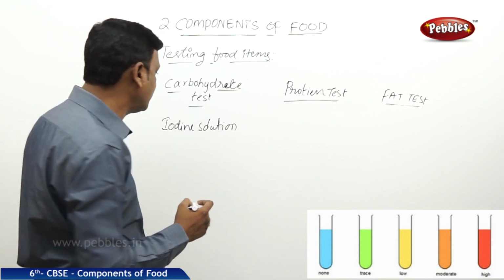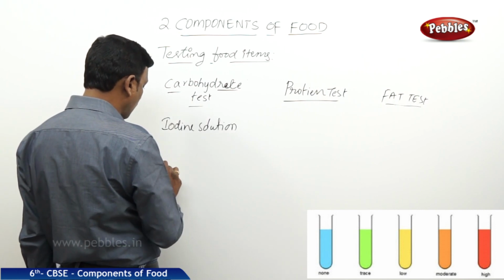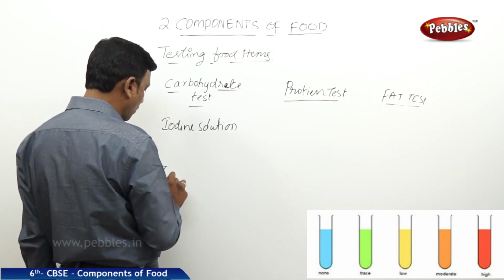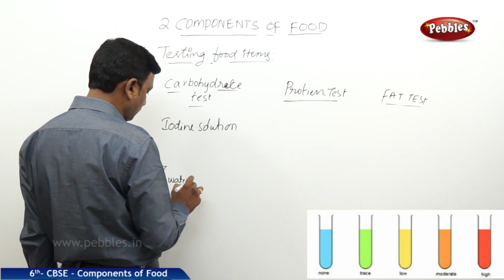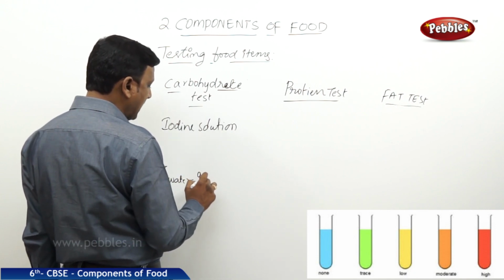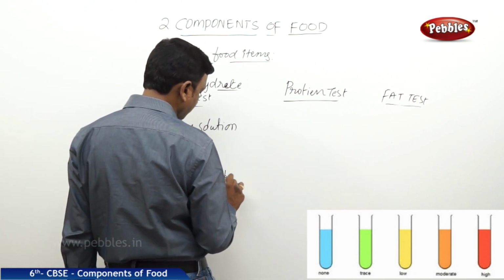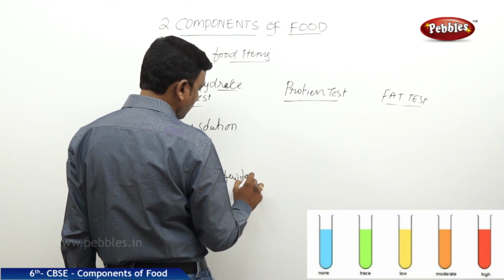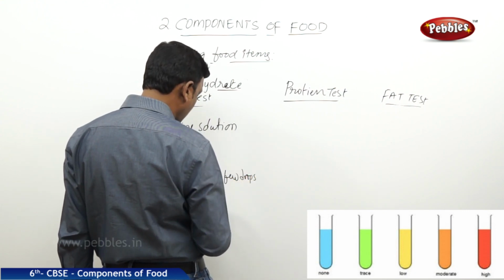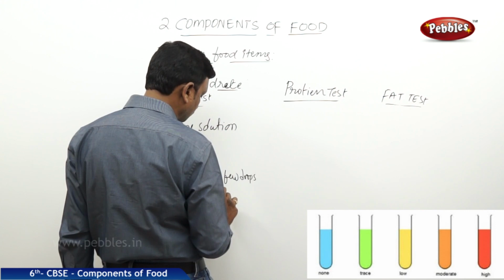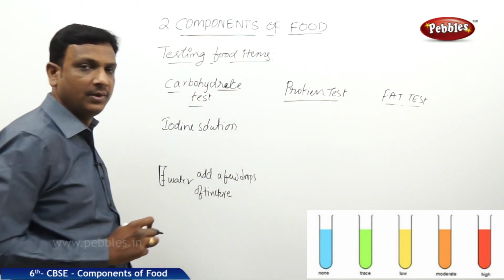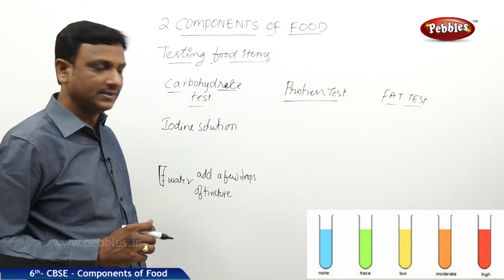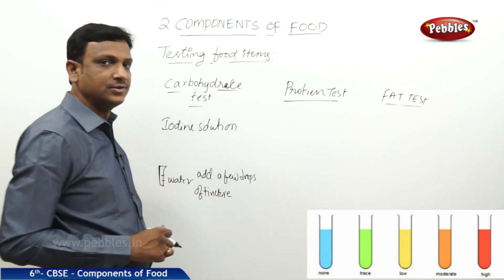If you do not have iodine solution, you can take one small test tube, half filled with water, and add a few drops of tincture iodine. Tincture iodine is available in medical shops and is used in dressing. Add that iodine, and your iodine solution is ready.